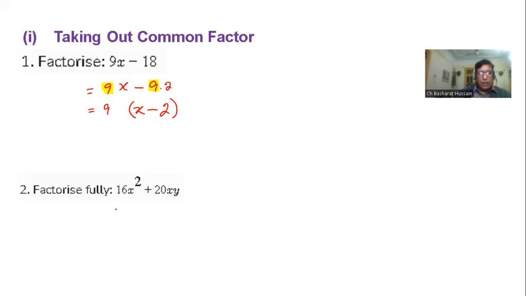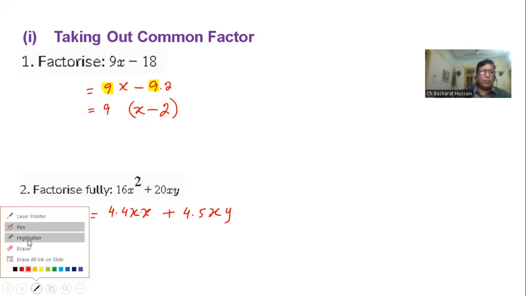There is 16x square and 20xy. So we split this 16 into 4 into 4 into x into x, plus 20, which is 4 times 5, and x and y. Now we look for the common factors. Which one is common?